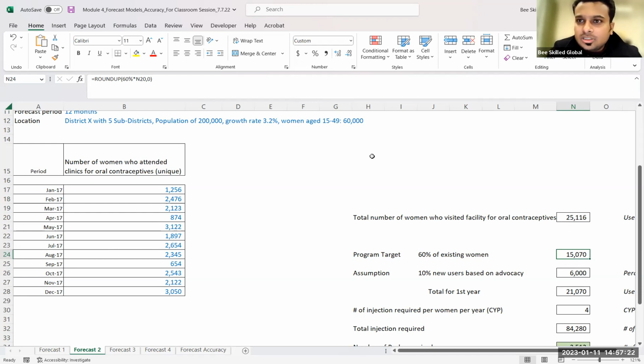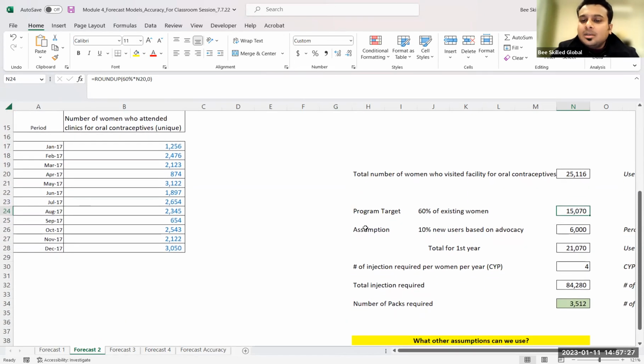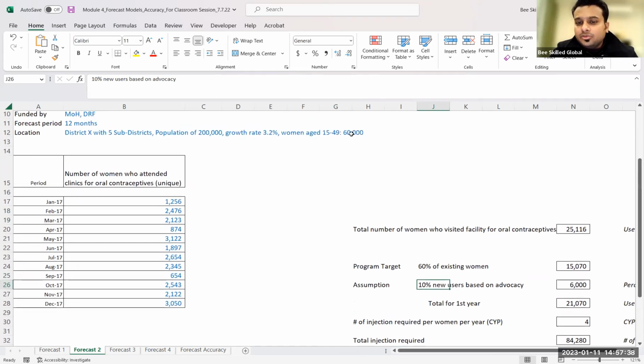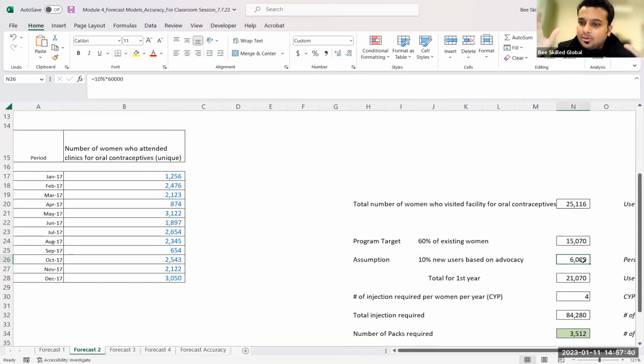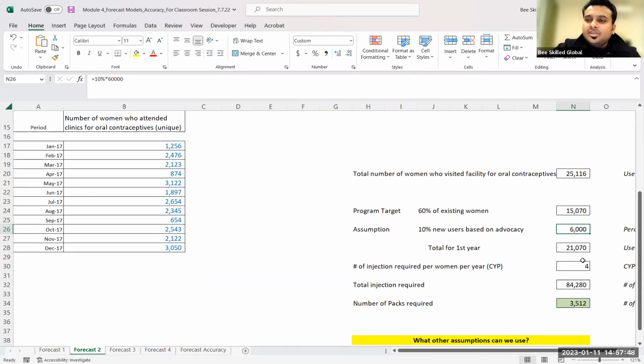They may not go to the oral contraceptives, they may directly take up injectable. And there will be some advocacy as well. So now we take an assumption that 10% new users will take this new contraceptive based on advocacy. So 10% of 60,000, which is 6,000. So for the forecast period next year, we know that 15,000 plus 6,000 women, which is 21,000 women, will need this contraceptive.